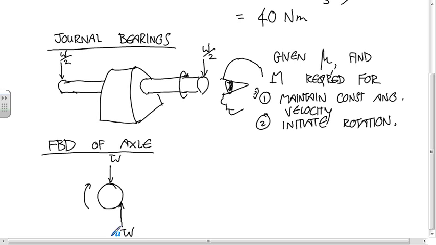Notice that our task here is to figure out what moment the force from the bearing applies about the center of this axle. If we can figure out what that moment is, then that's also the moment we have to apply in the other direction to keep it rotating with a constant angular velocity. This is just going to be some trigonometry.